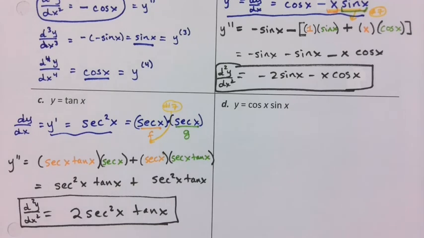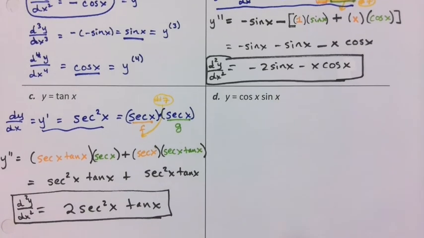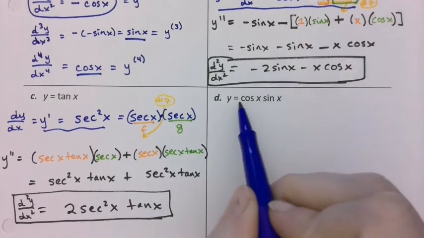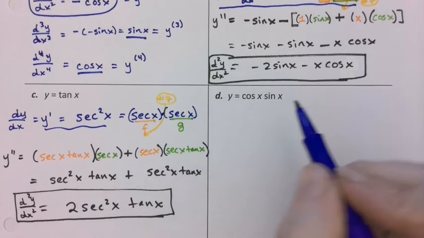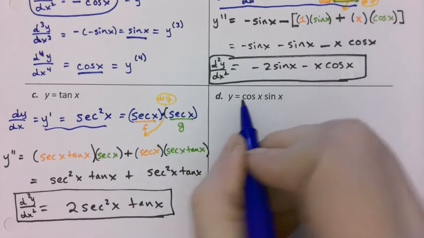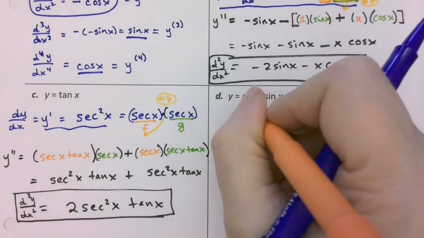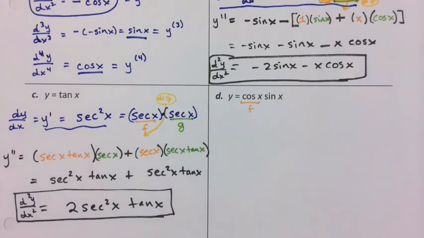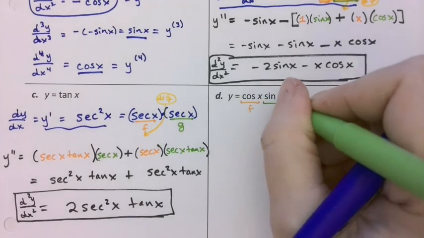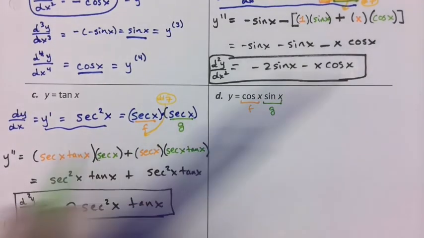All right, last but not least, the most difficult one. So I have cosine times sine here. So you can tell, obviously, we're going to need product rule because this is f and this is g, or u and v, again, whichever way you want to think of it, it's fine.